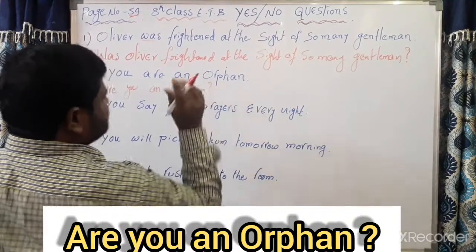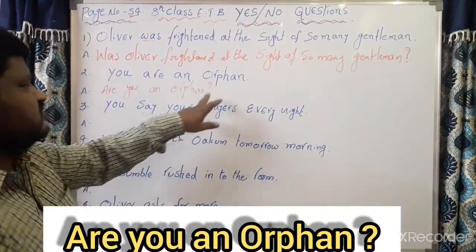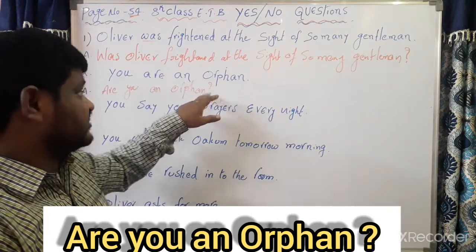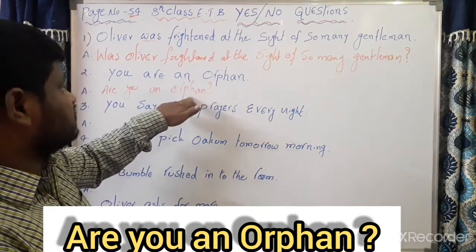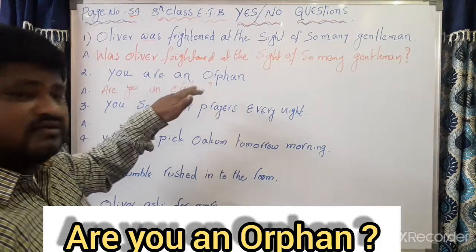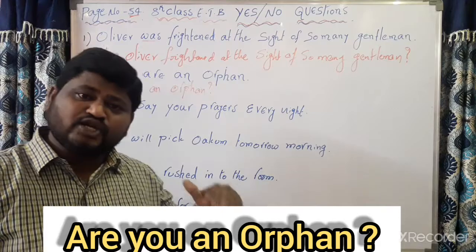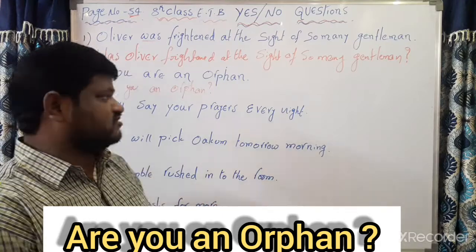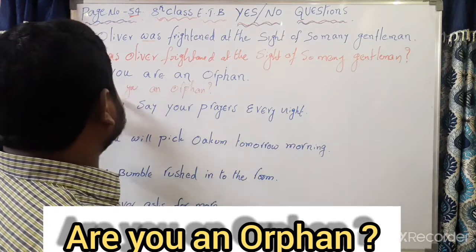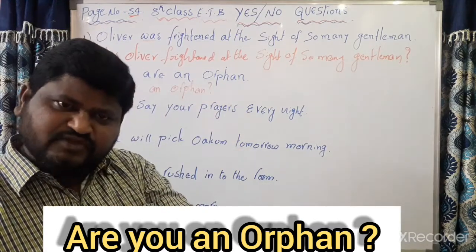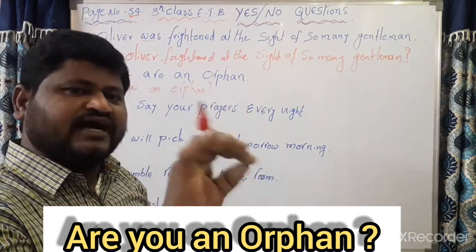So immediately you have to put the question mark after ending the sentence, friend. ఎస్ఆర్ టైప్ మార్చినప్పుడు ఖచ్చితంగా హెల్పింగ్ వర్బ్‌తో స్టార్ట్ అవుతుంది, క్వశ్చన్ మార్క్‌తో ఎండ్ అవుతుంది.